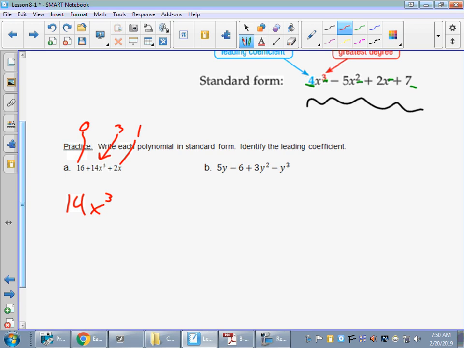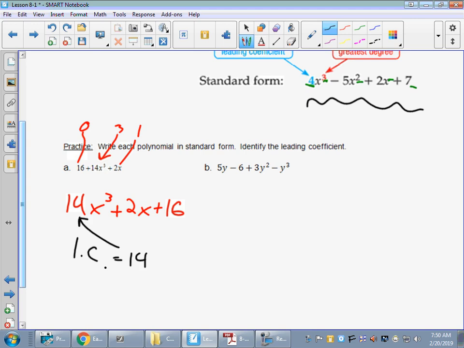Then we'll go to the next one, descending order. So plus 2x, because there is no x squared there. And then we'll go with plus 16. And that would be your standard form there. Okay, and what is the lead coefficient? We'll call it LC. Would be 14, lead coefficient.